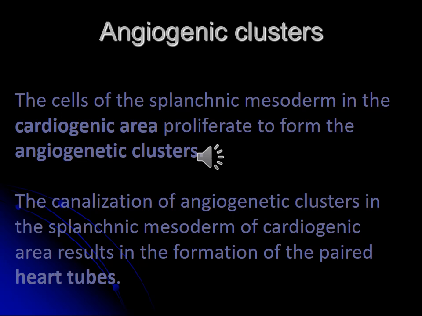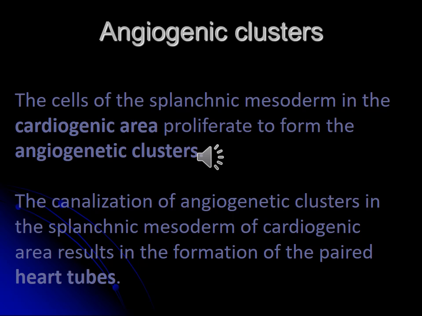So as I told you, the two tubes are formed which are called the primitive heart tubes. And another point you must remember, during the development of the heart tubes or cardiovascular system, everything is paired. We have two sides, right and left. These are called the sides. You should not say medial side, lateral side. They are directions.